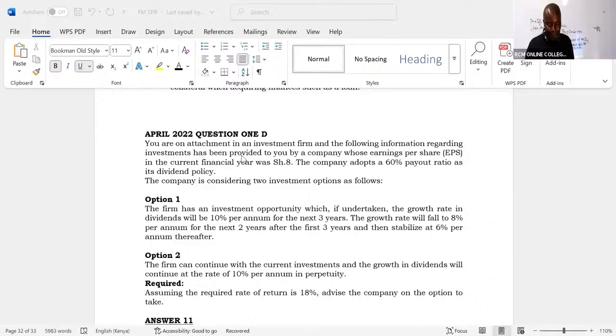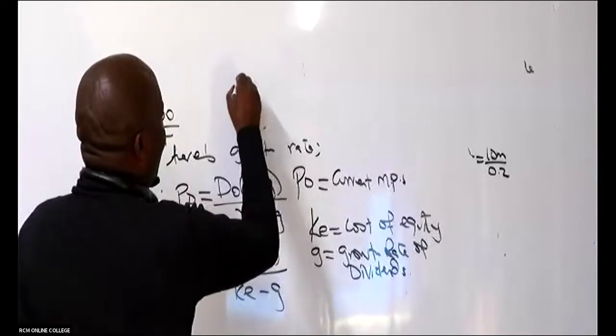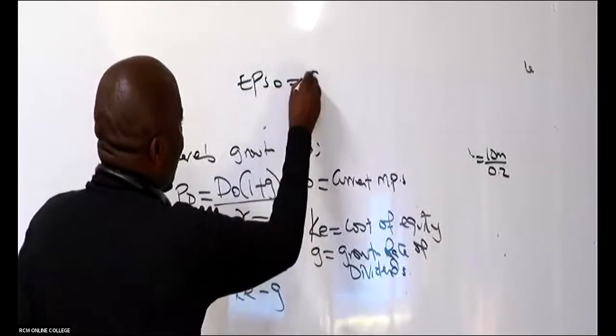I repeat, you're on attachment in an investment firm, and the following information regarding investments has been provided to you by a company whose earnings per share in the current financial year is 8, and the dividend payout ratio is 60%. So the EPS in the current year is 8.